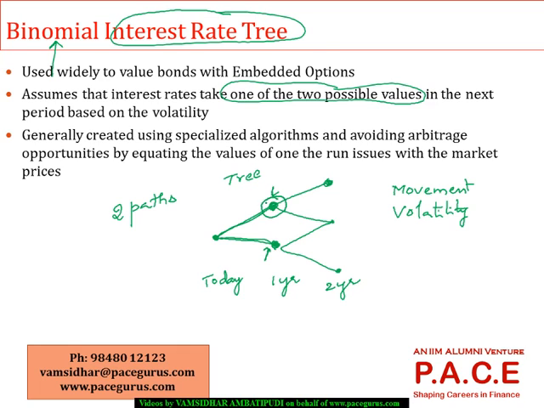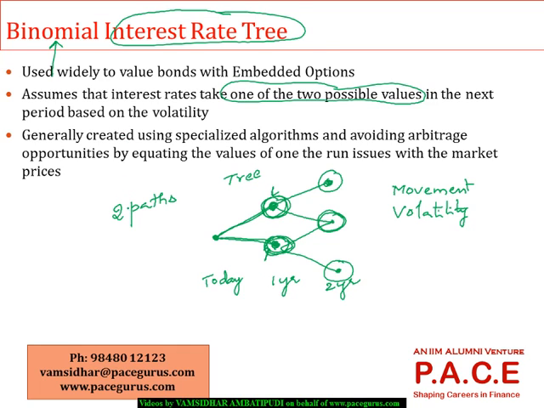If after 1 year the interest rate reaches here, then a year later it may touch either this or this. But if after 1 year the interest rate comes here, then after one more year I am expecting that either this or this will be the possible interest rate.